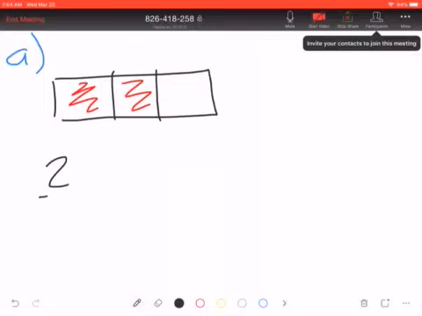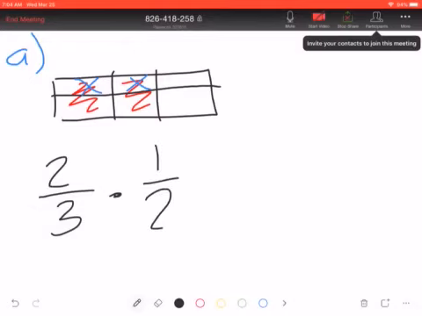So our problem we'll do down here is 2/3 times, and then the next picture ends up looking like this, so we're just going to walk you through what we would do. You're taking those 2/3 and finding half of each one, right? So our problem is 2/3 times a half, and then you can look at our solution.